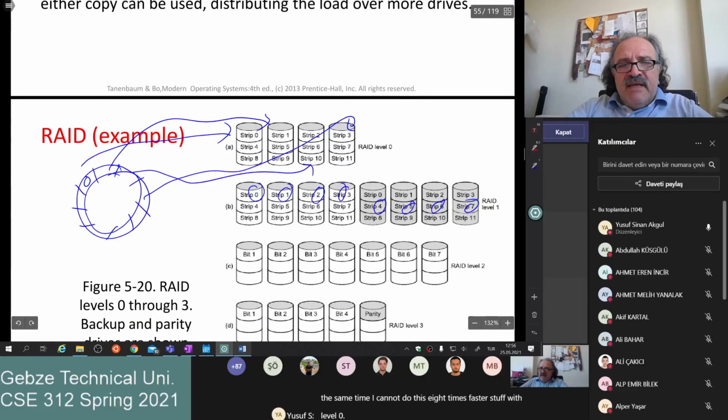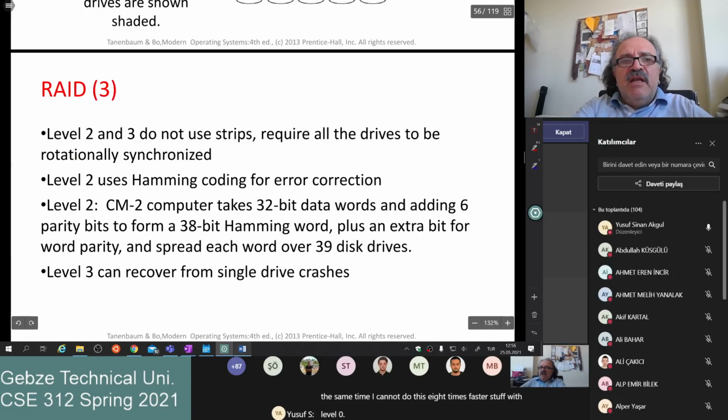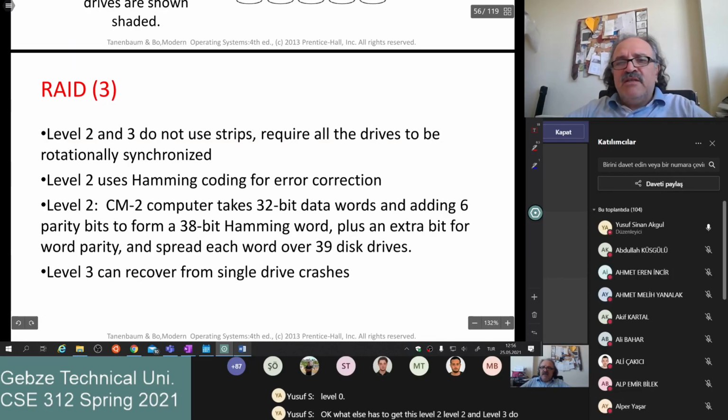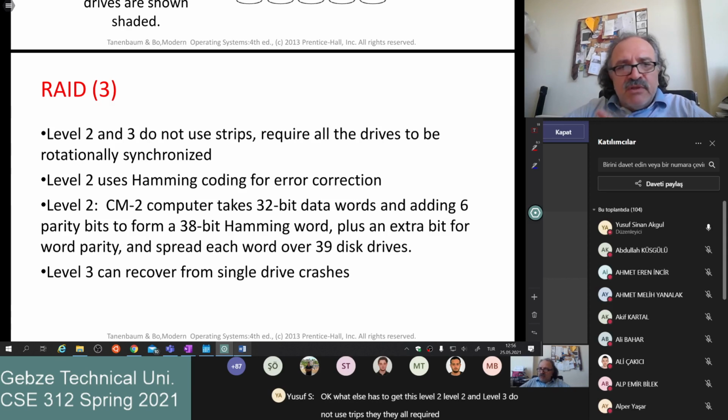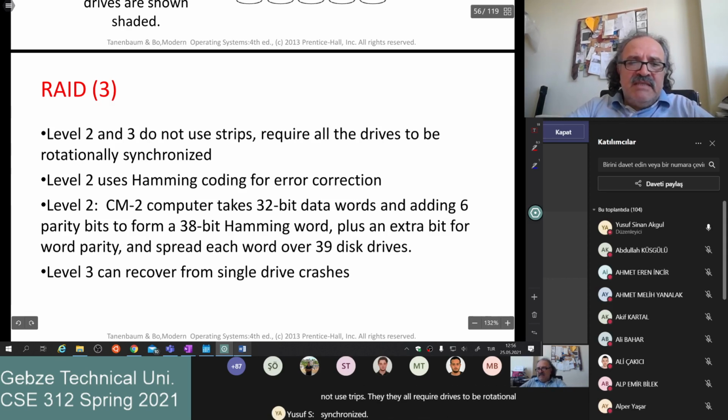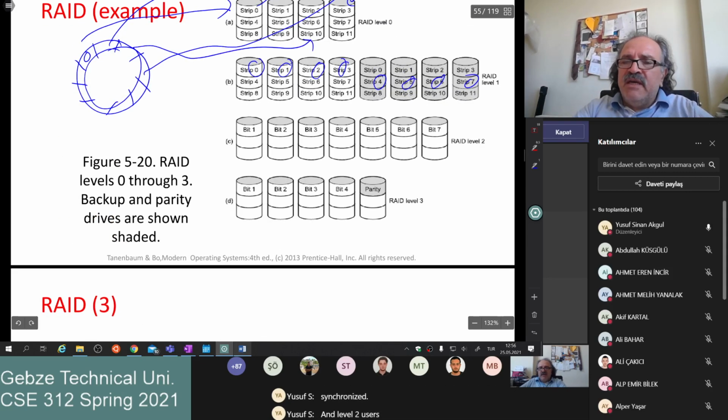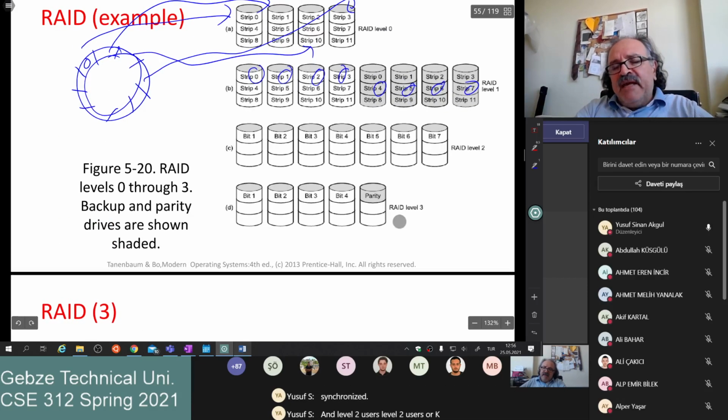Okay, what else? Let's look at level 2. Level 2 and level 3 do not use strips. They all require drives to be rotationally synchronized. And level 2 uses parity recovery.